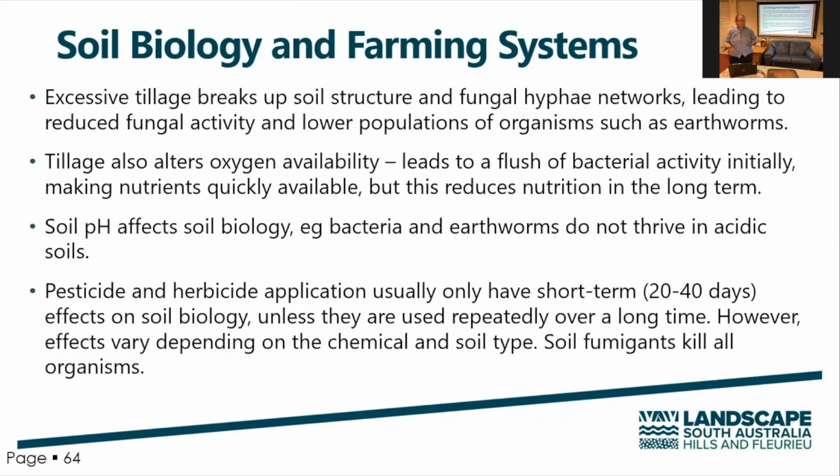A few notes about practices in systems. Excessive tillage breaks up the soil structure and the fungal hyphae networks. So your 20,000 kilometres gets broken up into little bits of 1 kilometre each or something, and it doesn't work as well. So that reduces fungal activity and it lowers the population of things like earthworms.